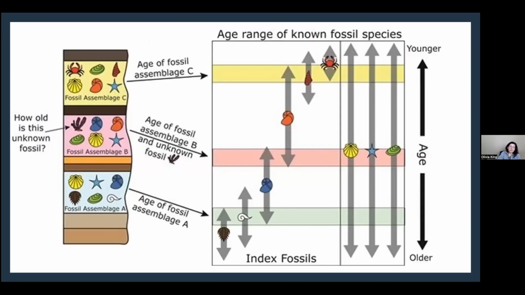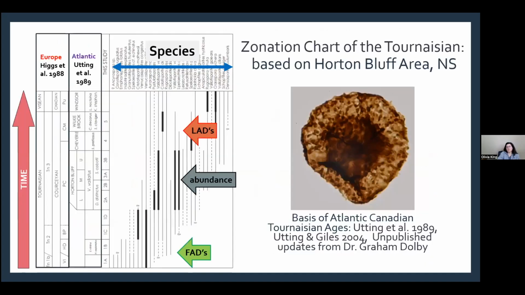So back to this very simplistic look at basically how a zonation chart would be made. You can see, for example, the trilobite has a limited time, but it does overlap with other different species of shells. We have more detailed zonation charts of the Tournaisian, and this is kind of what they look like. Just very simply, the very same thing.